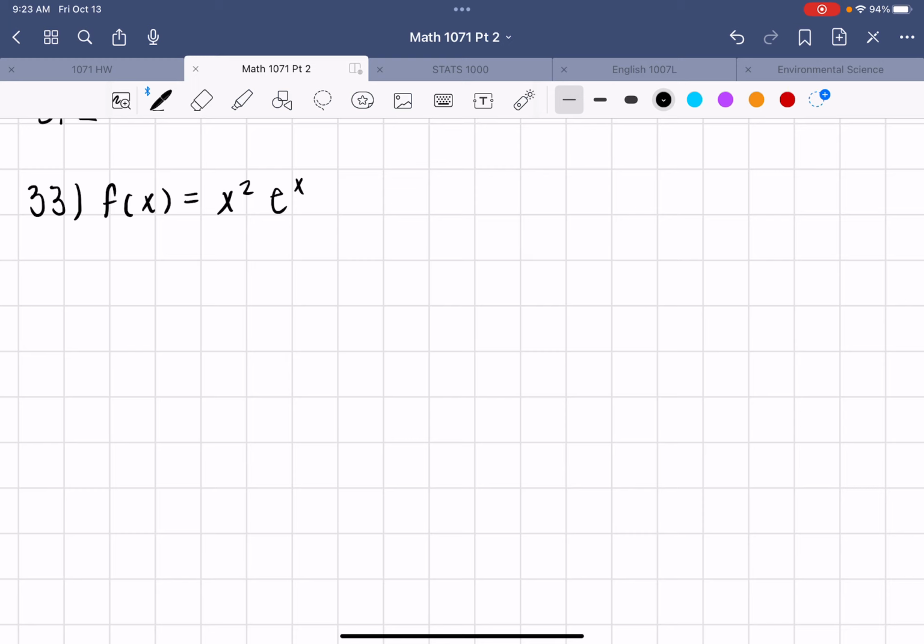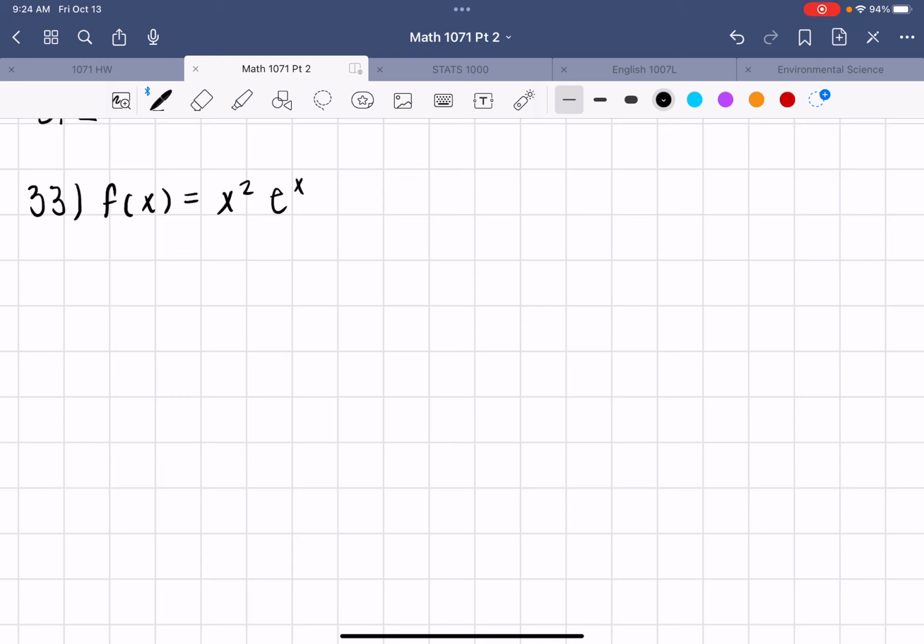And then for these negative x's, remember, a negative power means reciprocal. So 1 over e squared, 1 over e cubed. They're getting smaller and smaller. And here, they're blowing up. E to the x is getting bigger and bigger. But notice, e to the x is always positive.